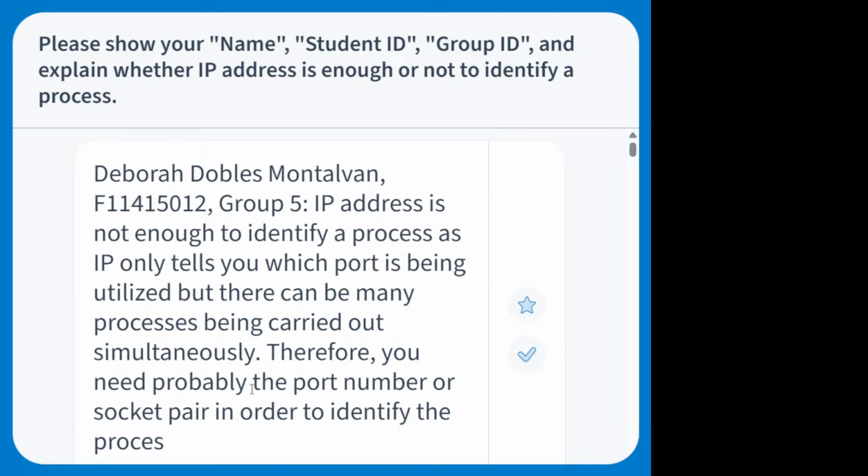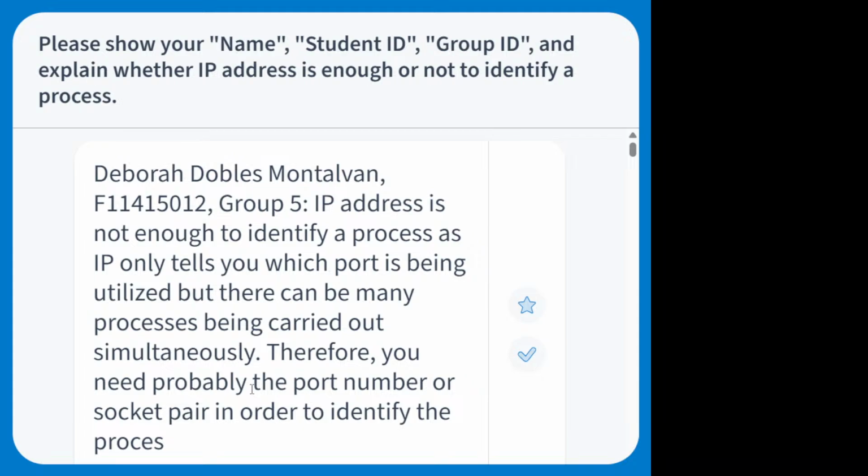IP, it is enough or not? So let me check some of the answer here. Yeah, for the current one, it mentioned we should have the port number. So it says not enough, but it mentioned we should have IP plus port number.